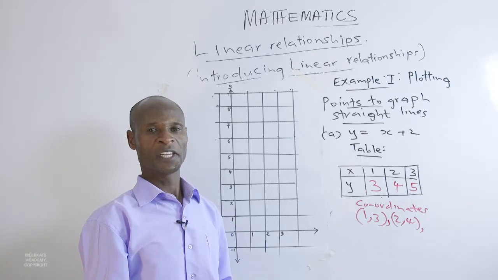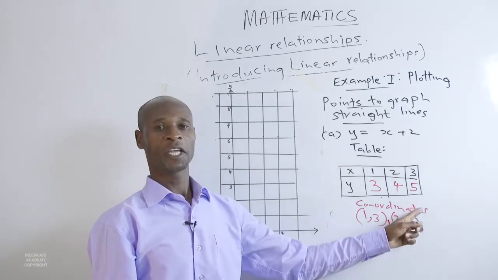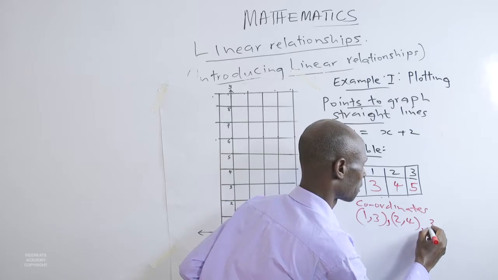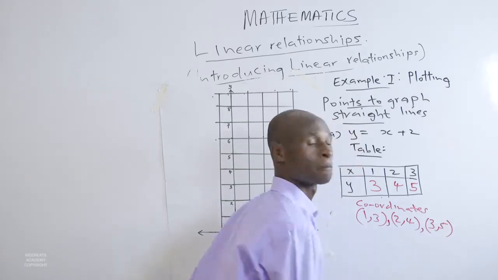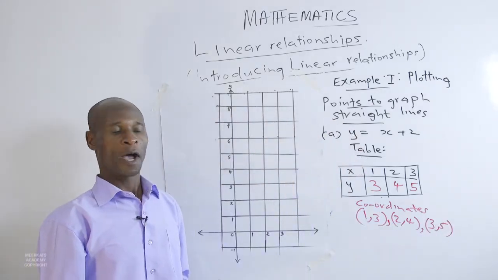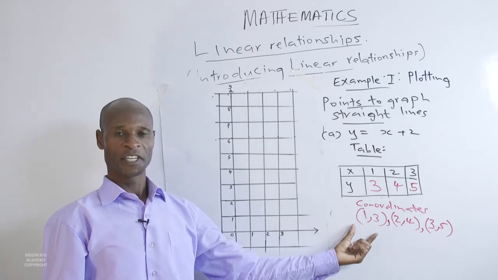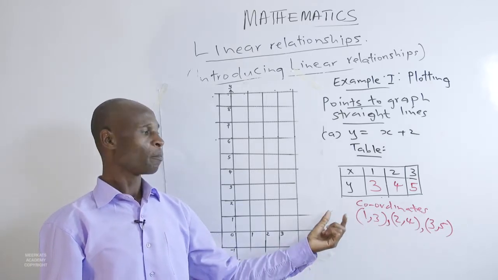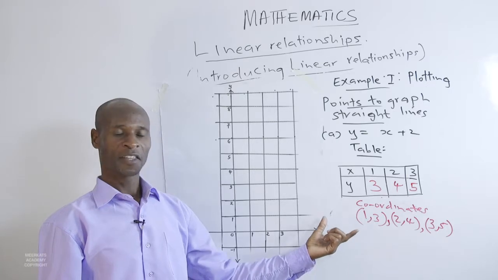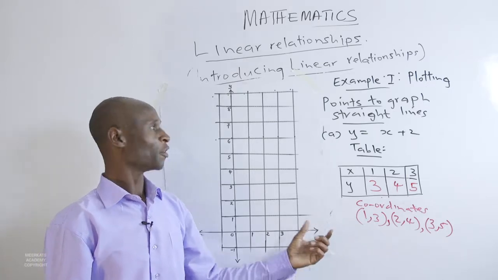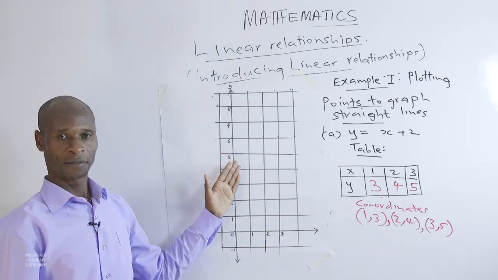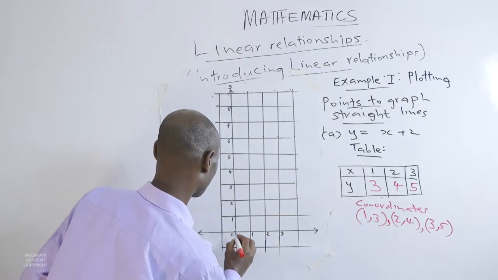And the last coordinate is 3, 5. Having identified the coordinates, we can be able to plot and get the graph on the grid provided as follows.